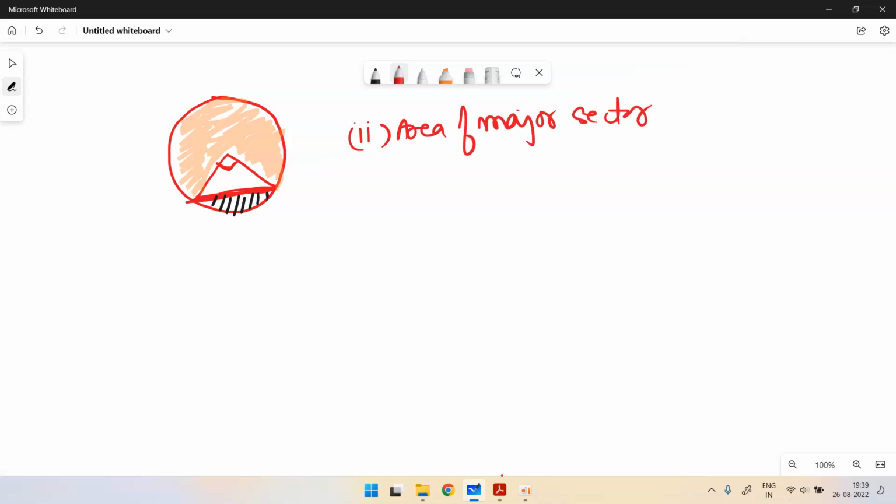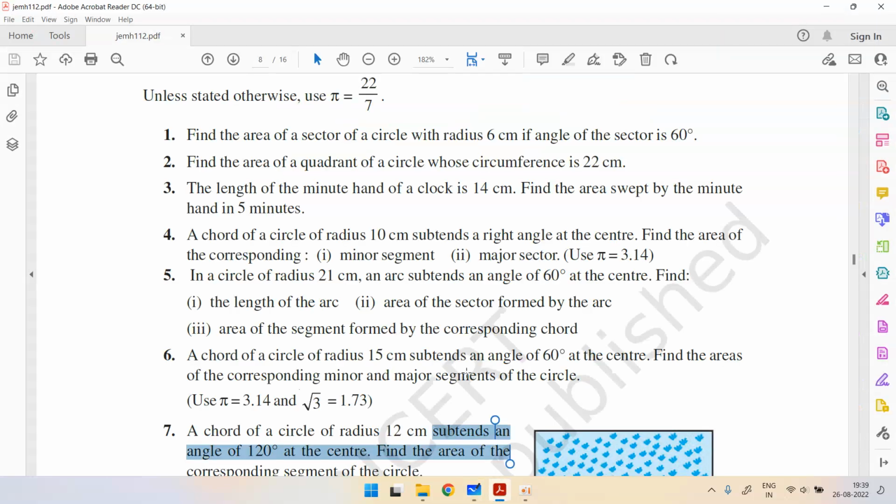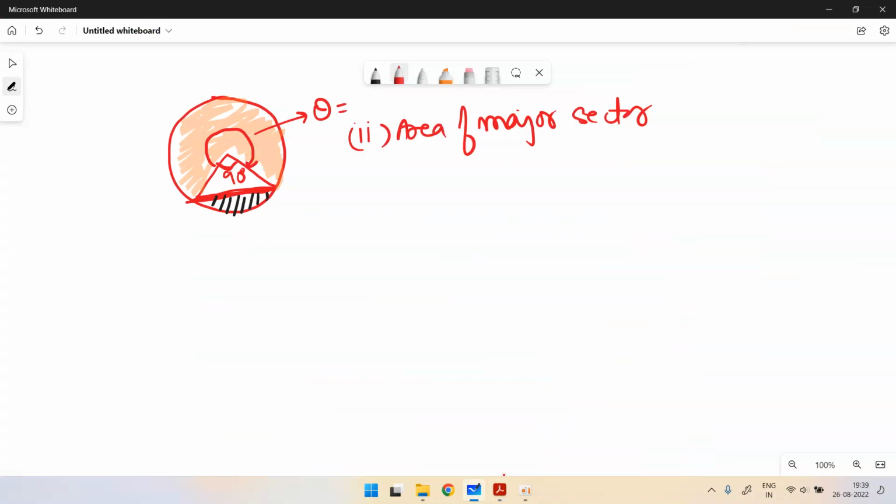For the major sector, theta will be 360 degree, the complete angle, minus 90 degree, because subtending a right angle at the center means 90 degree, which is nothing but 270 degree. So the area of the sector will be 270 theta by 360 into pi r square.